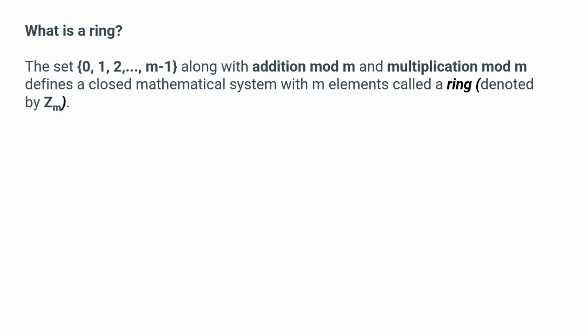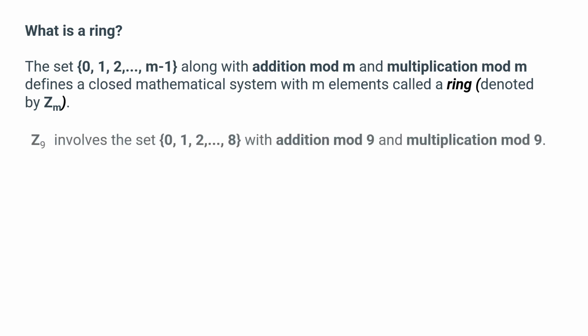I don't get any new number outside that set. So it's considered a closed mathematical system, and we call it a ring, and we denote it like this, Z sub m. Z, remember, represents the integers, and a subscript of m just means we only have m integers in there, going from 0 up to m minus 1.